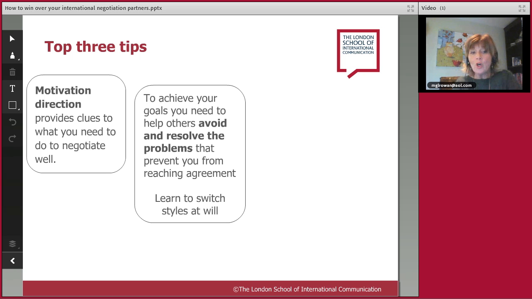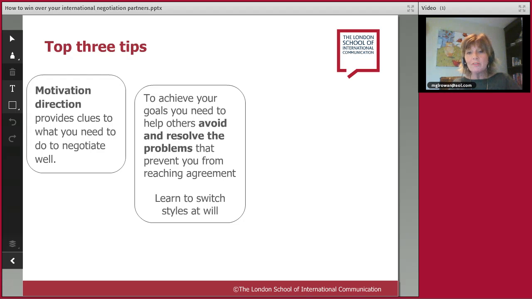To achieve your goals, you need to help other people avoid and resolve their problems. And these are the problems that will potentially prevent you reaching agreement, because sometimes they're the iceberg below the surface. You can see the tip of it, and the tip of it is the goal.